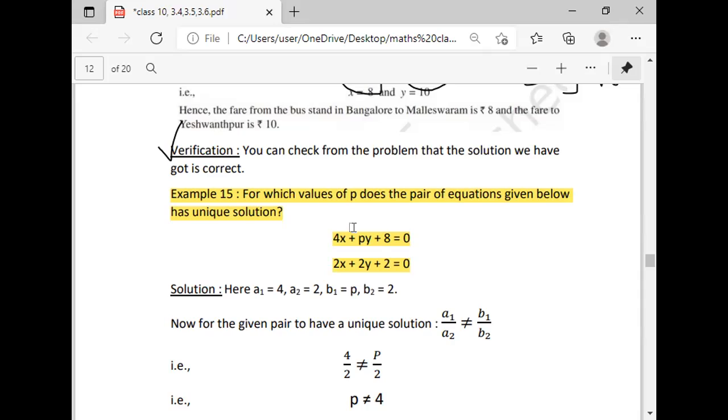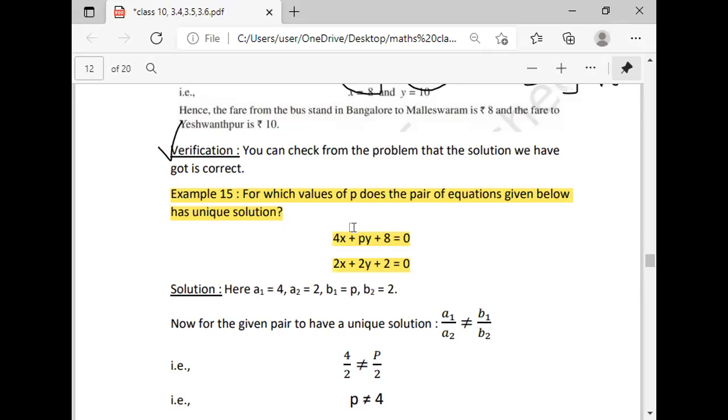We have to find the value of p. Our aim is not to find the solution. We want to find the values of p so that when we substitute that value of p in these equations and solve them, we will have only a unique solution.